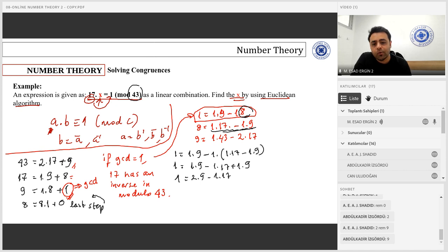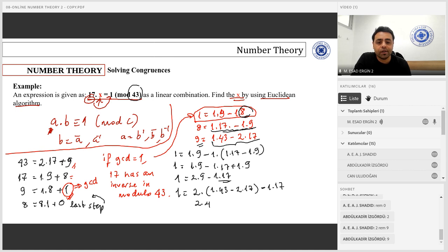Now we come up with the 9 here, and we are going to substitute it with this expression. 1 equals 2 times (1 times 43 minus 2 times 17) minus 1 times 17.